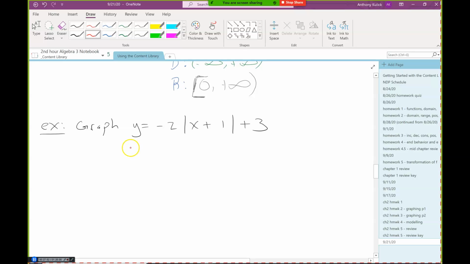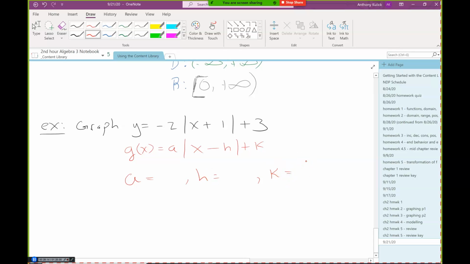So at ingredient number 1, I'm going to remember that this is the general form for any absolute value function. I'm going to use this general form to identify the values for a, for h, and for k.